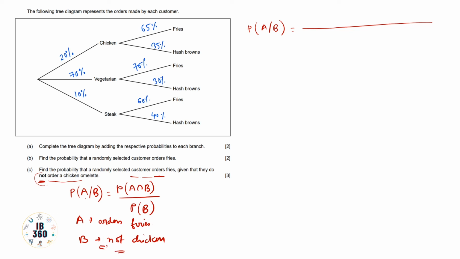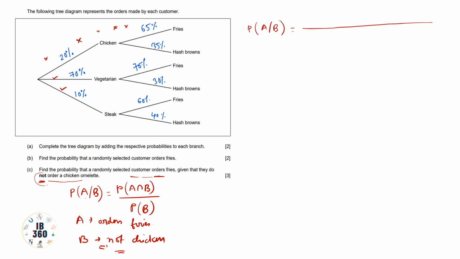So this branch will be omitted, and we are left with these two branches only. For these two branches, there will be vegetarian 70% and of them 70% order fries, or 10% and of them 60% will order fries. So it is very easy.